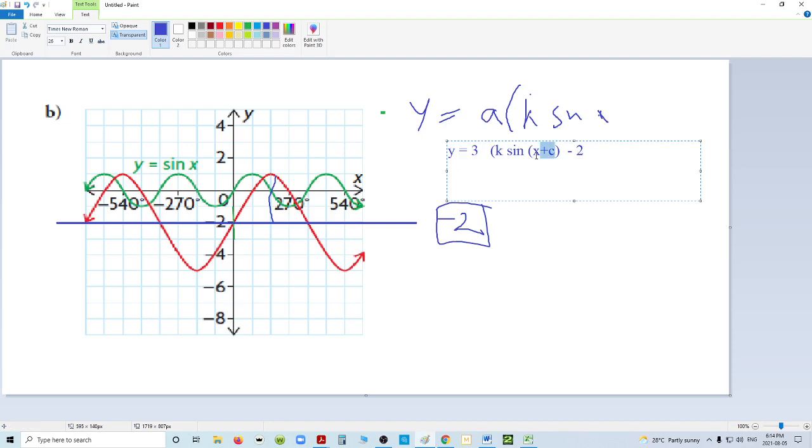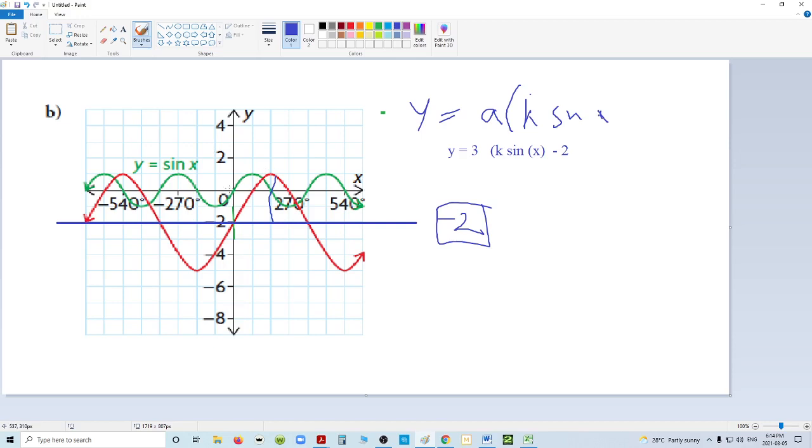So there's no c, but there does appear to be some sort of stretch, because the normal period of a sine curve is 360, and for this one, to get a full period, I can just go from peak to peak. I can start here and go all the way to here to see where it repeats, or I could go from the bottom here, which is about there. They're not quite good at giving me accurate numbers. There we go.